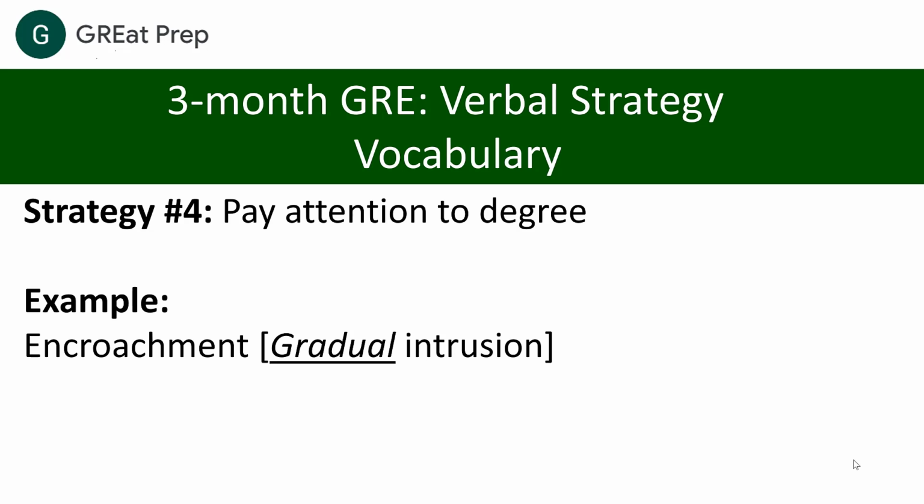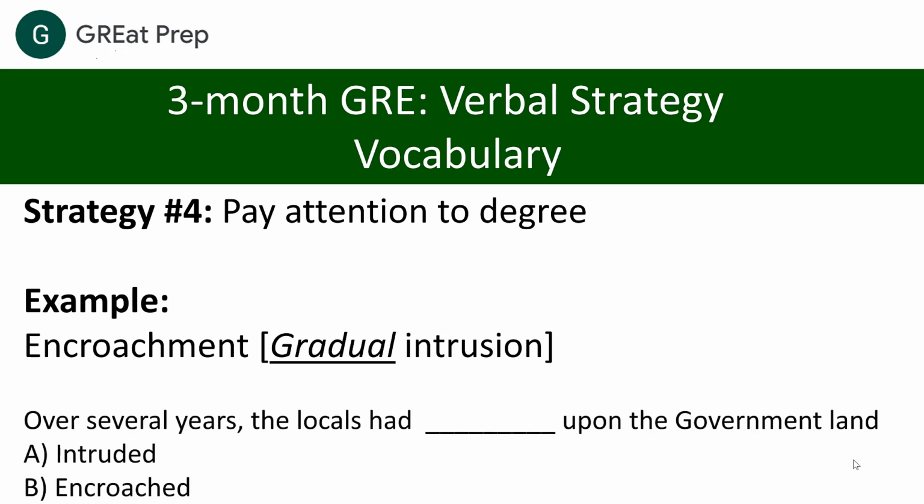However, for the GRE, the ETS might test you on the shade or the degree of the intrusion. Therefore, knowing that encroachment means a gradual intrusion can be the difference between a right or a wrong answer. For example, consider this sentence completion question.